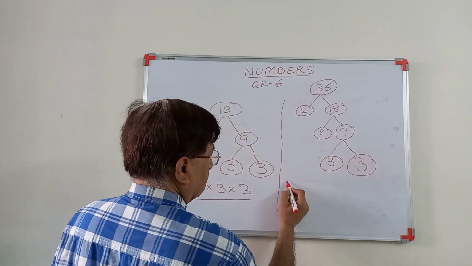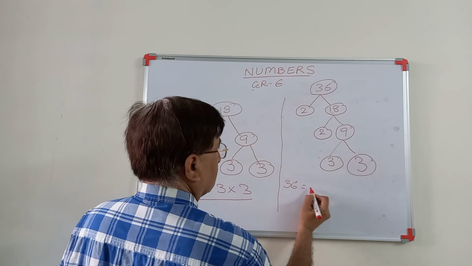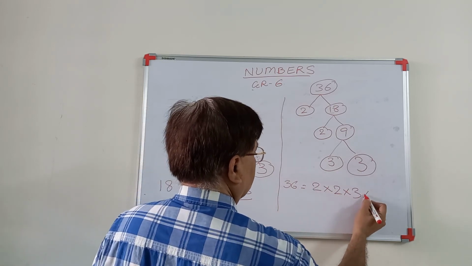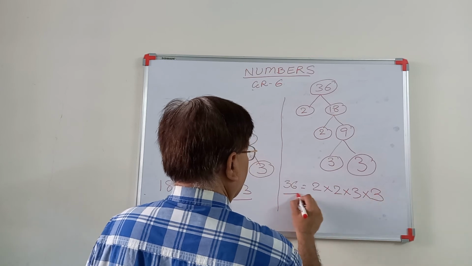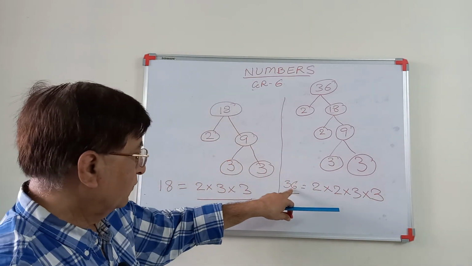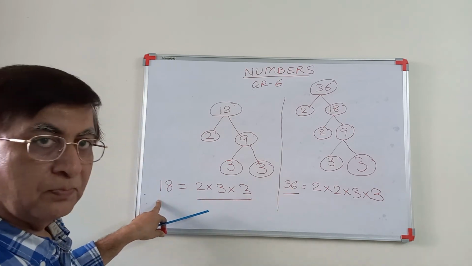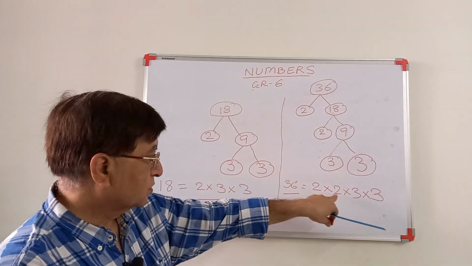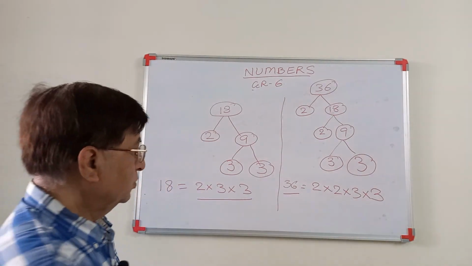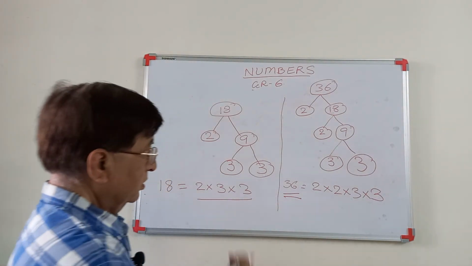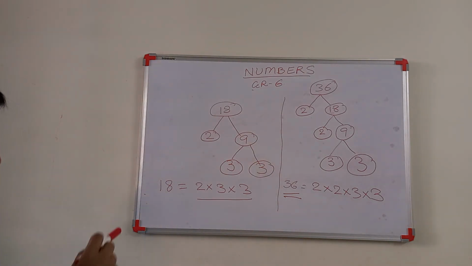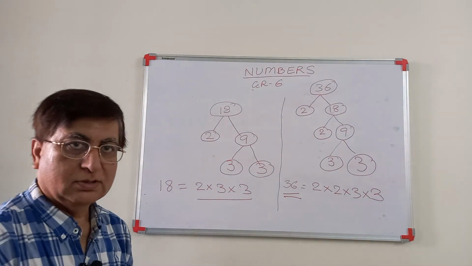So the factors of 36 are 2 times 2 times 3 times 3. So this is called prime factorization, where you find out the factors of a number, all those numbers will be prime numbers, and when you multiply all these numbers you get your original number. This will help us in finding the LCM and GCF.